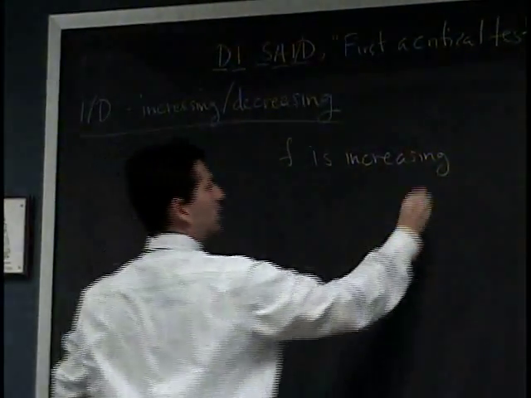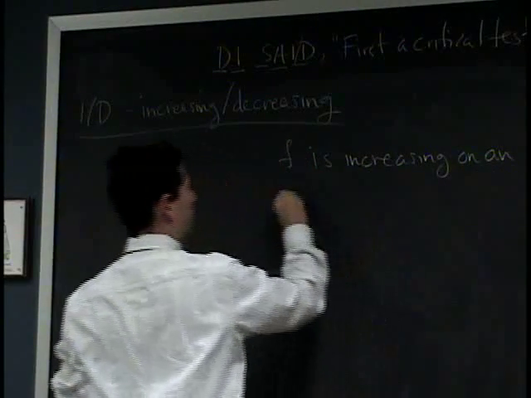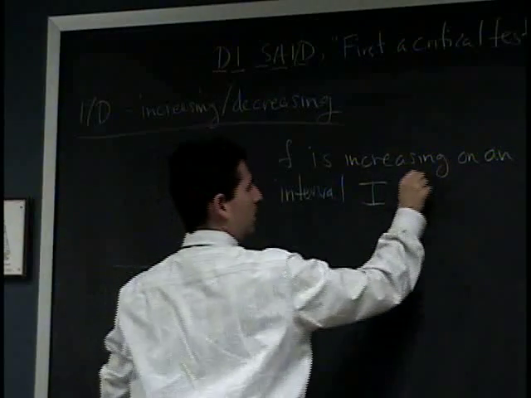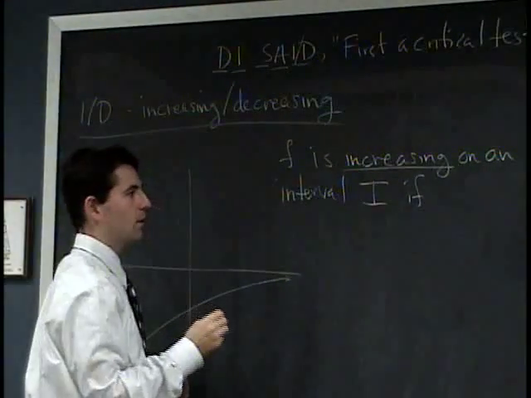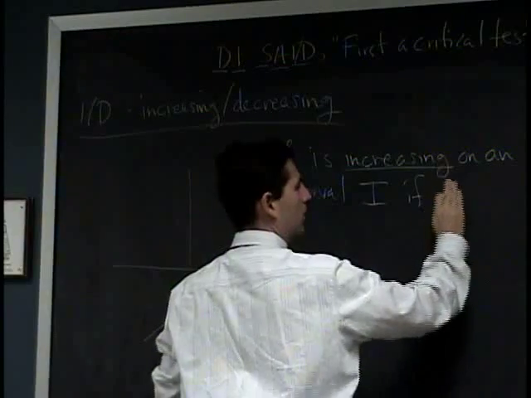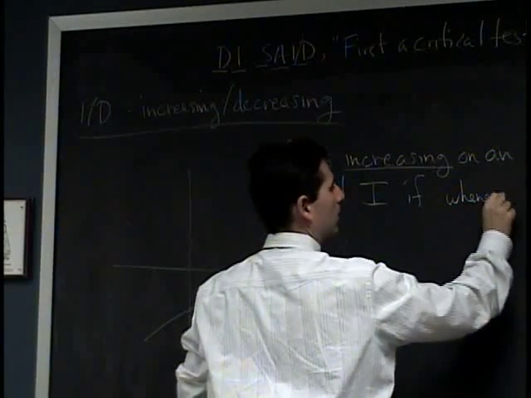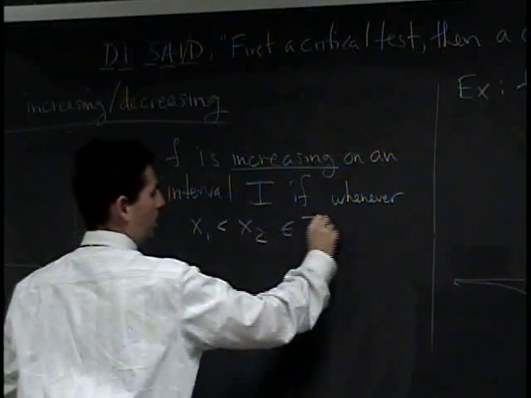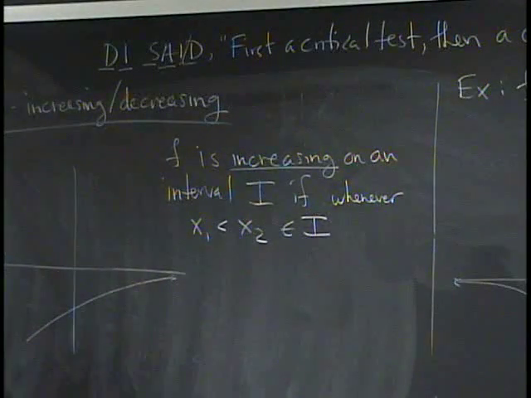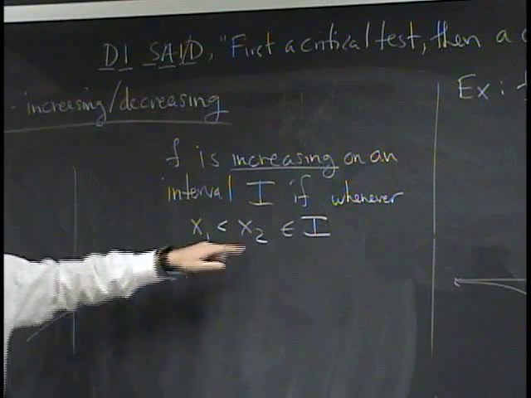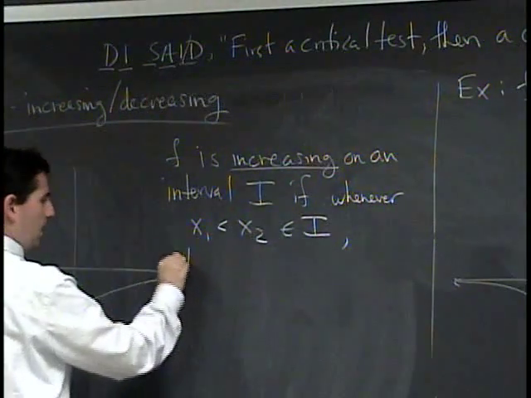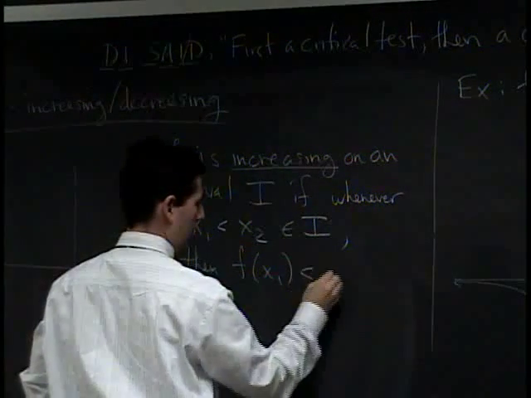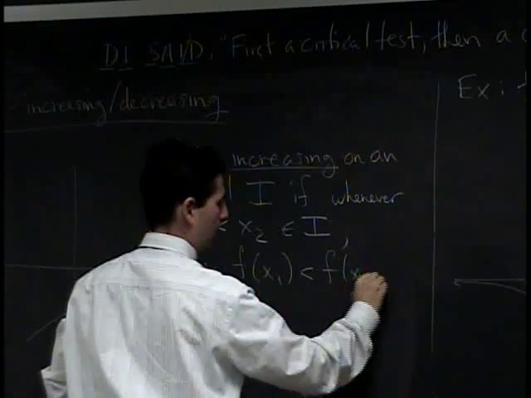So f is increasing on an interval I if whenever x1 is less than x2, both elements of I, so you have two points in the interval and x2 is bigger, then f of x1 should be less than f of x2.